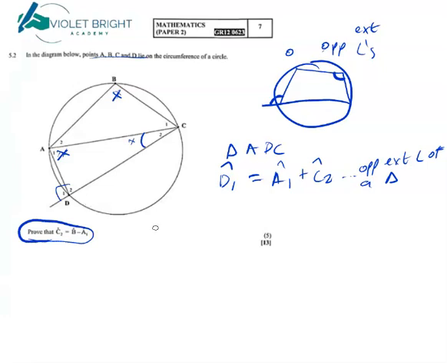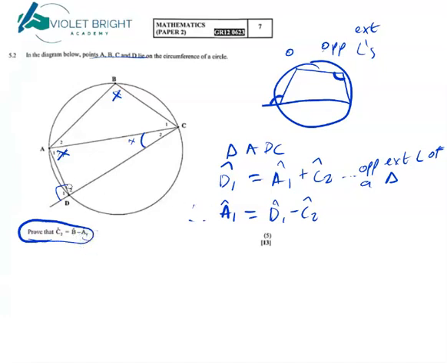Secondly, we know that this is a cyclic quad, so when we add the angles inside this triangle, this is our first rule. Let's do it in terms of A1. Therefore A1 is equal to D1 minus C2. So now we know the value of A1.